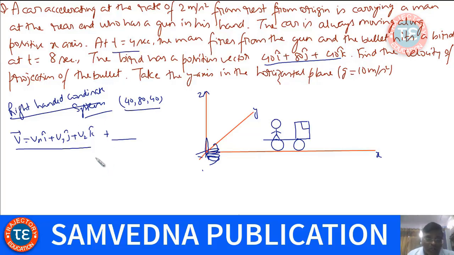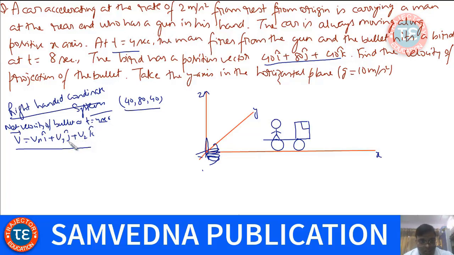And the velocity of the car at 4 seconds is how much? Or, instead of doing all these things, we can say suppose this is the net velocity of the bullet at t equal to 4 seconds.